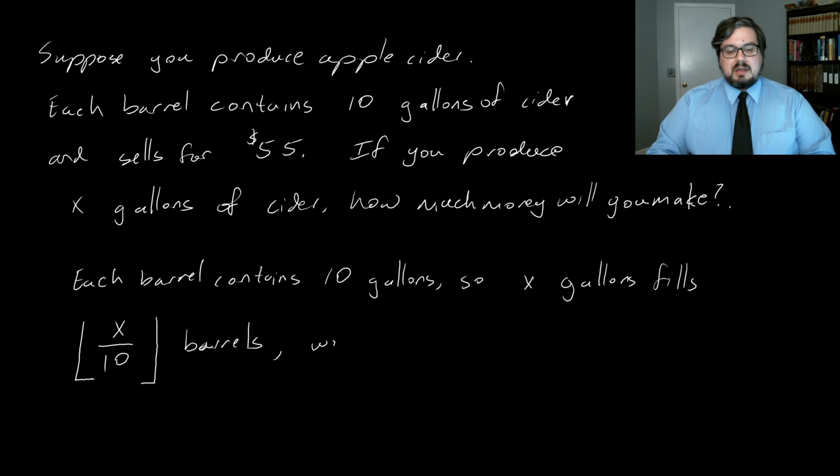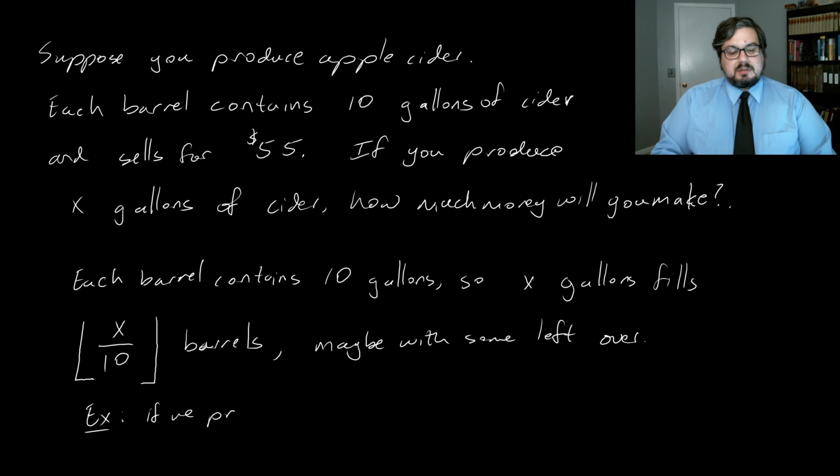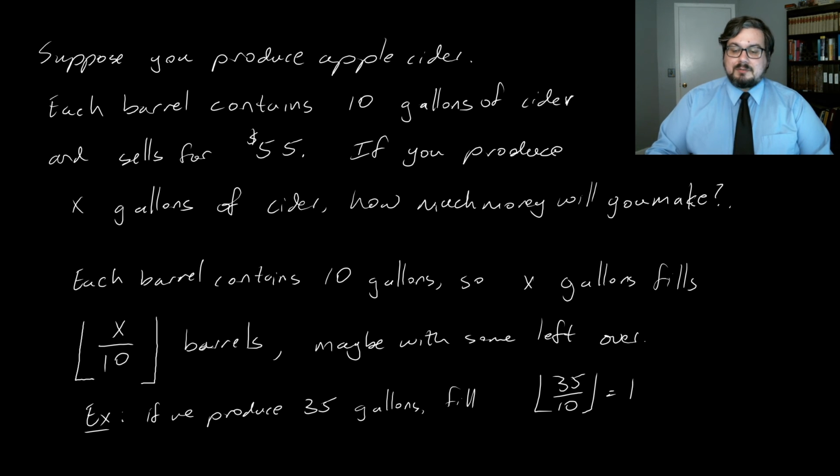So X gallons fills the floor of X over 10 barrels, and we should say maybe with some left over. For example, if we produce 35 gallons, that means that we'll fill the floor of 35 over 10, which is the floor of 3.5, which is 3 barrels.